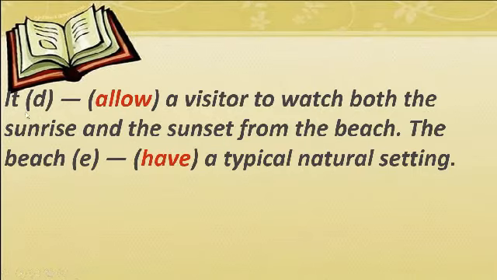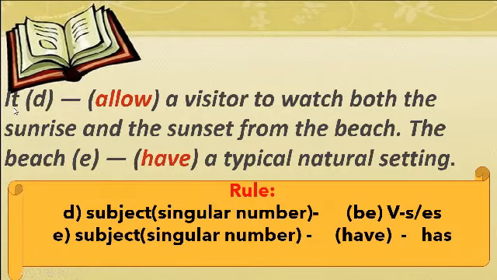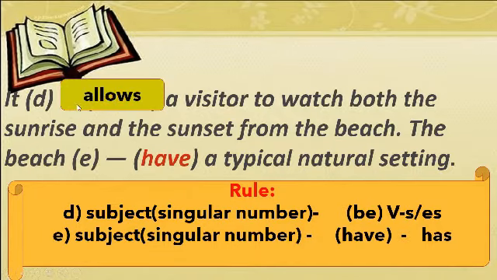Dear students, for the first one, within bracket you find the verb allow, which will be followed the subject it, and it is a singular number of subject. So in this case, s or es will be added with the base verb allow. So the answer can be allows. It allows a visitor to watch both the sunrise and the sunset from the beach.